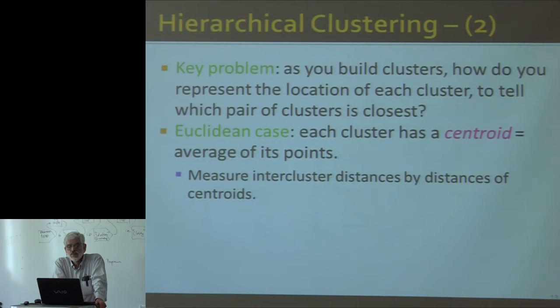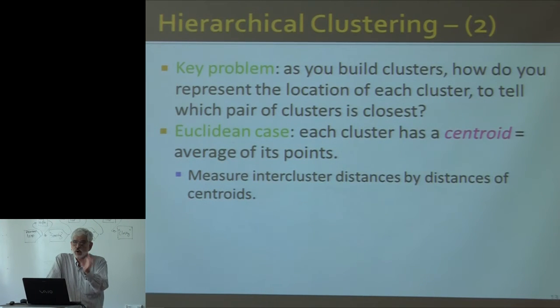And if that's the case, then it generally makes sense to measure the distance between two clusters as the distance between the centroids of the clusters. Now, again, there are other ways to do it. For example, you might measure the distance between two clusters as the shortest distance between two points, one from each cluster.